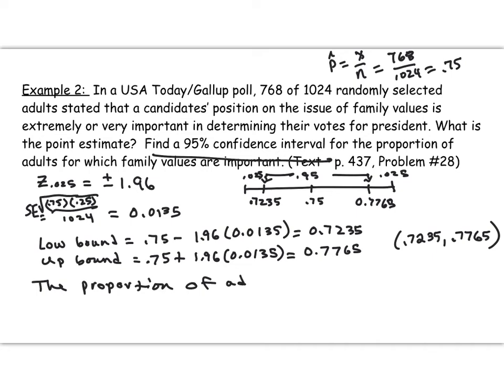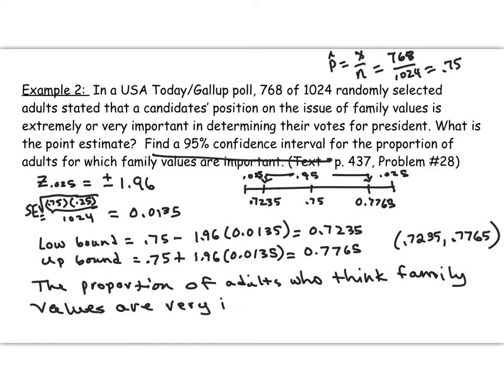If I want to make a statement about that, I'm going to say the proportion of adults who think family values are extremely or very important is 75%, plus or minus 2.65%, with 95% confidence.